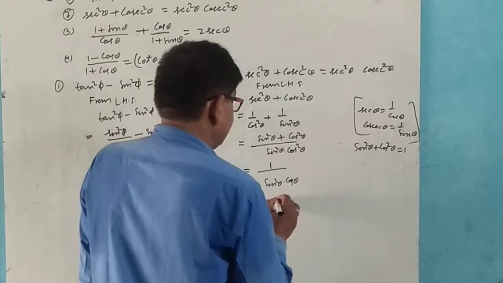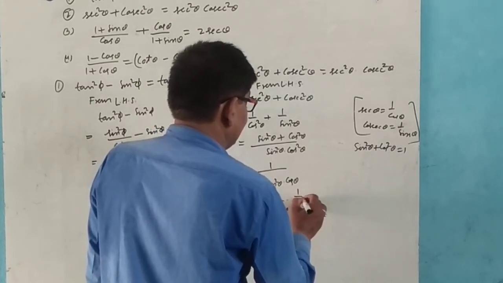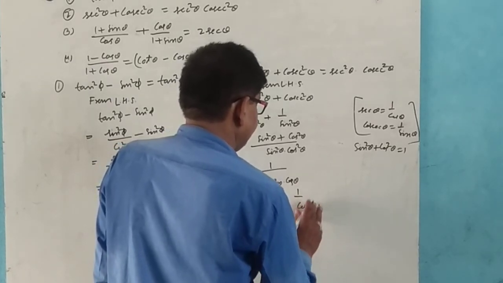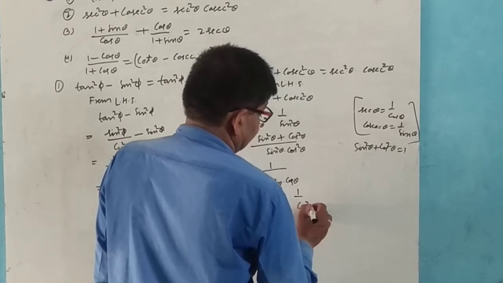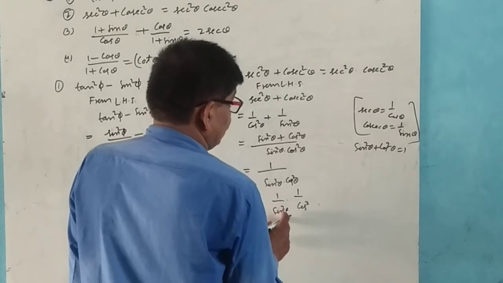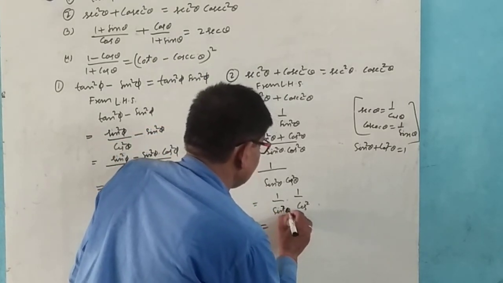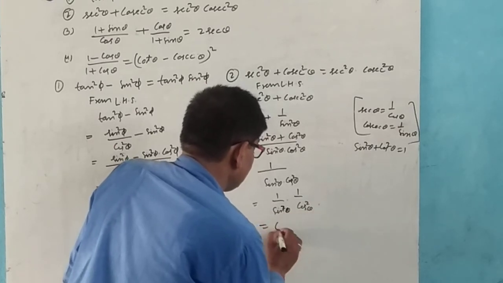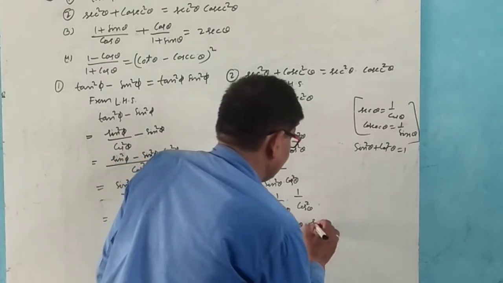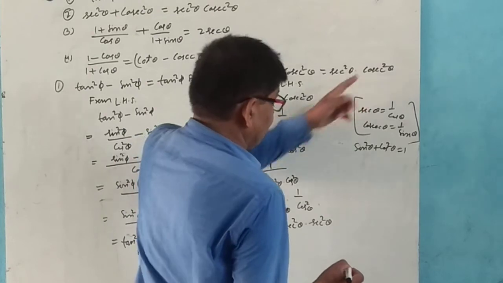This can also be separated as 1 by sin square theta into 1 by cos square theta, and 1 by sin square theta equal to cosec square theta, and this is sec square theta, and this result is sec square theta cosec square theta.